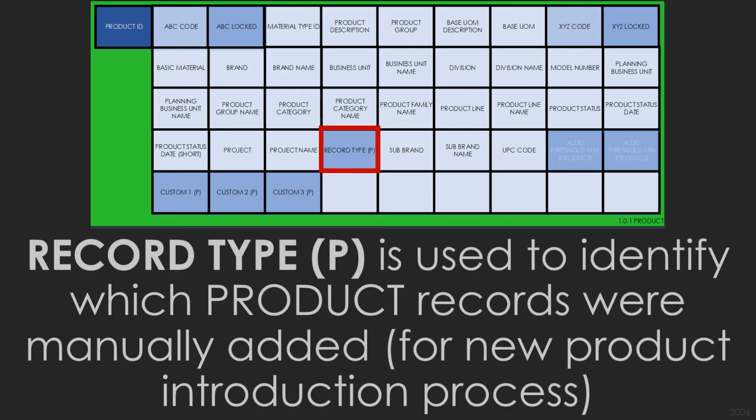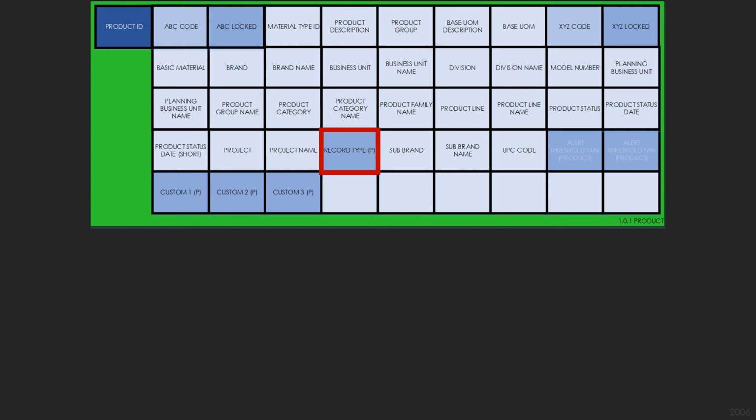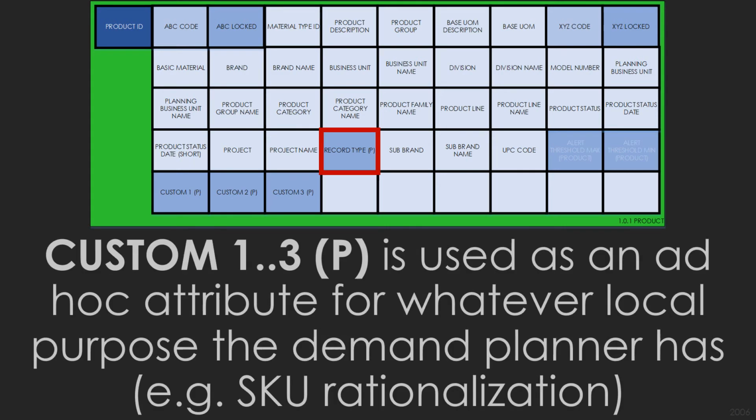Record type P is used to identify which product records were manually added for the new product introduction process. Custom 1, 2, and 3 is used as an ad hoc attribute for whatever local purpose the demand planner has. For example, SKU rationalization. Location.